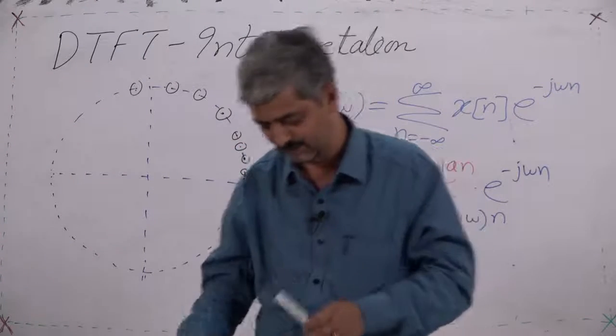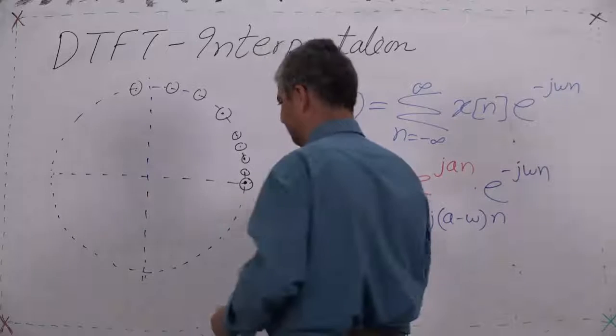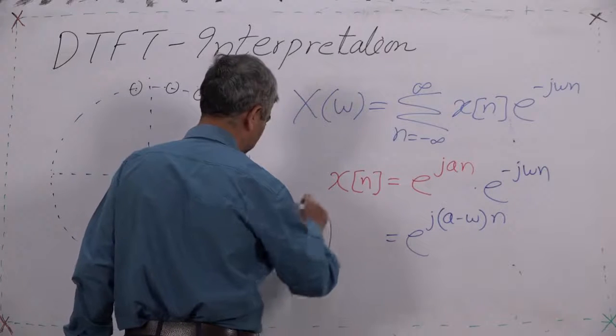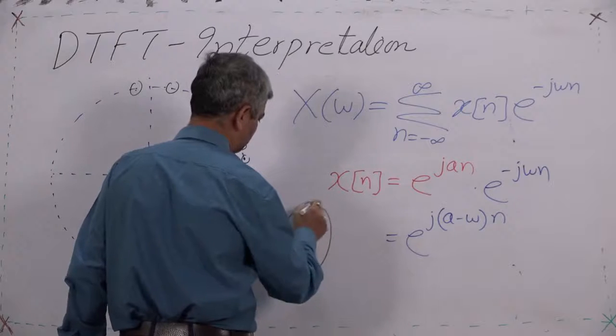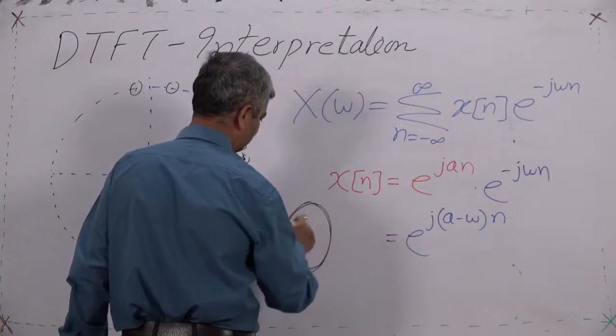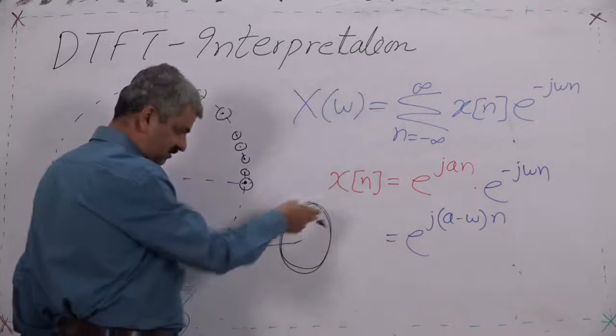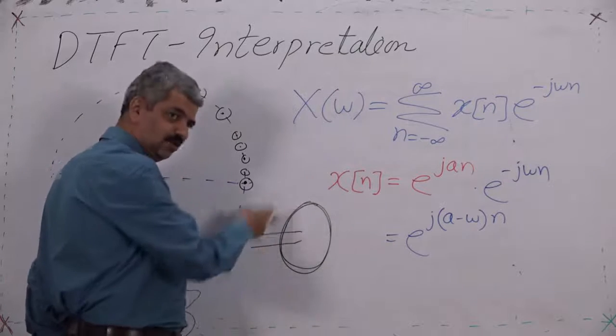I would draw the diagram because the theme is very important. So this is a motor, this is the shaft of the motor. On this shaft you have put a disc, and when you run the motor, this disc rotates.